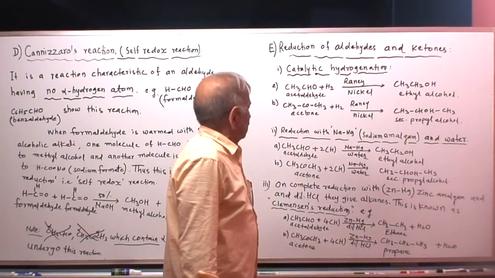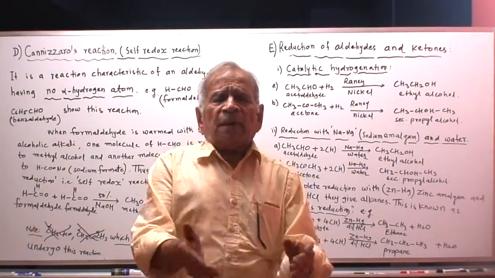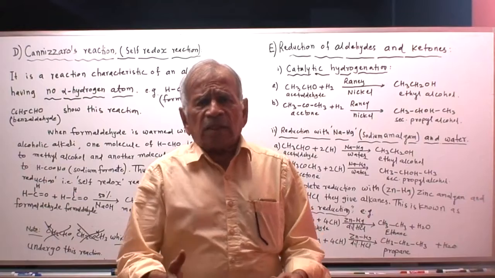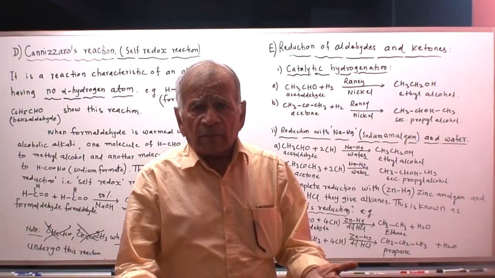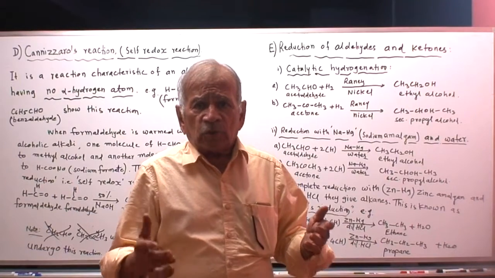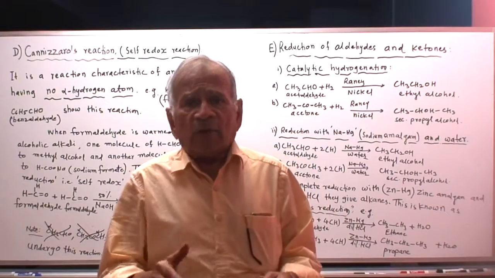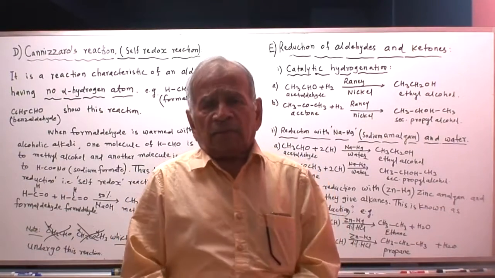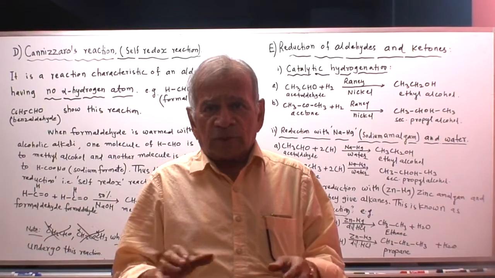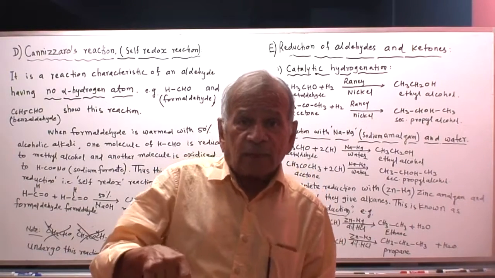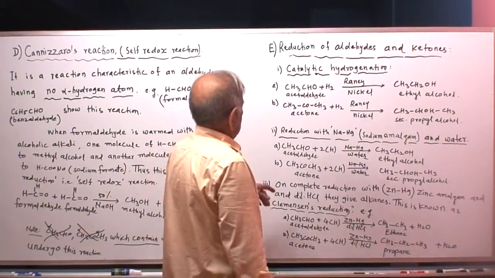Now this reduction may be brought about not necessarily by hydrogenation and Raney nickel, but may be brought about by using sodium amalgam, NaHg. Sodium amalgam, we have seen, reacts with water giving nascent hydrogen, and this nascent hydrogen brings about reduction.